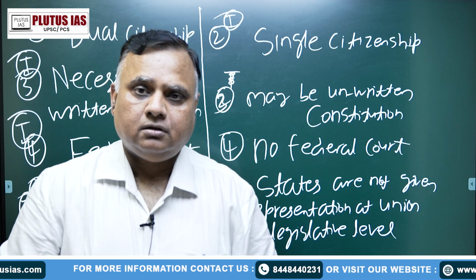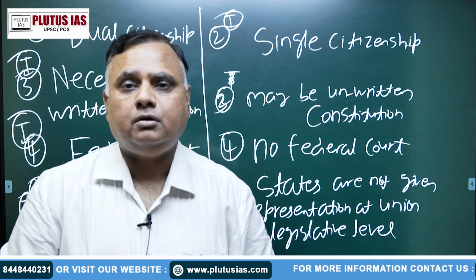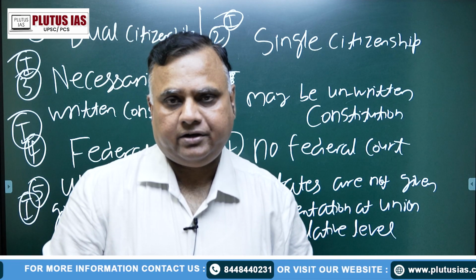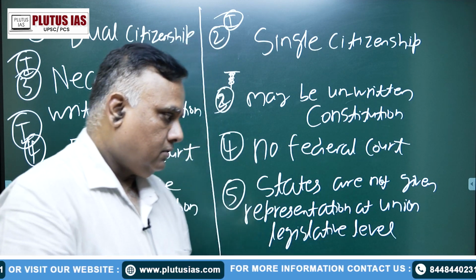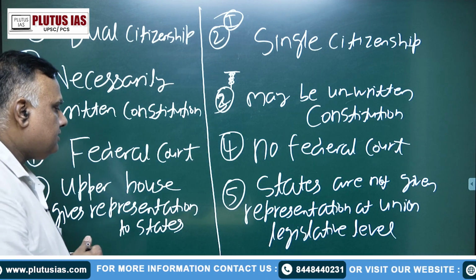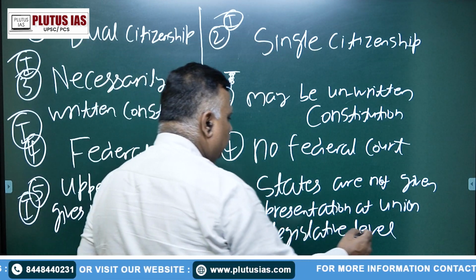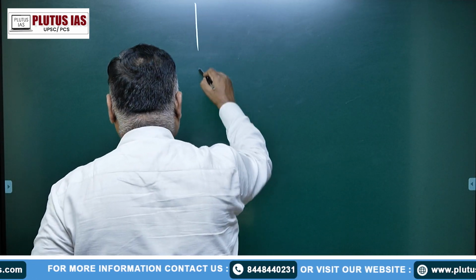Center should not unilaterally encroach or disturb federal equilibrium to the disadvantage of the states. So states are duly protected, they are duly empowered. So this is another difference between federal polity and unitary polity.